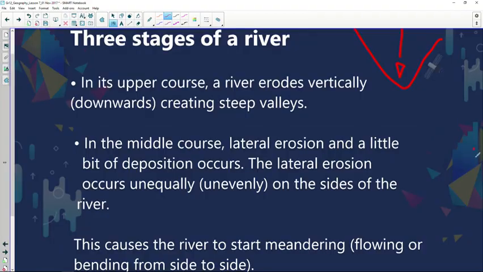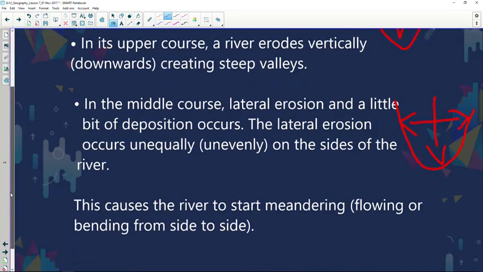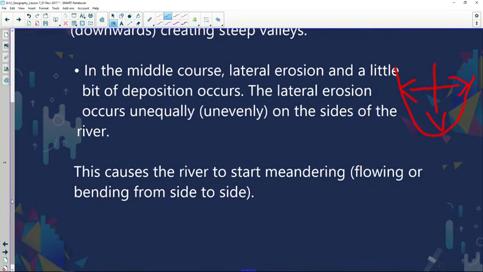But in the middle course, tributaries start joining this river, so the volume of water increases. So instead of only downward erosion taking place, we also experience lateral erosion, making the riverbed much wider. This causes the river to meander, but we will look at these characteristics a little later in this lesson.